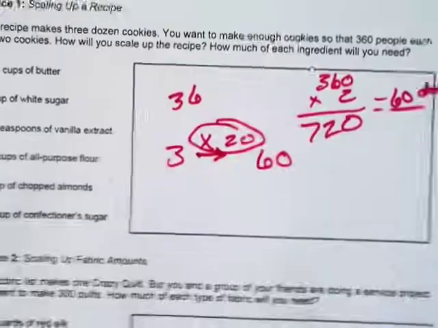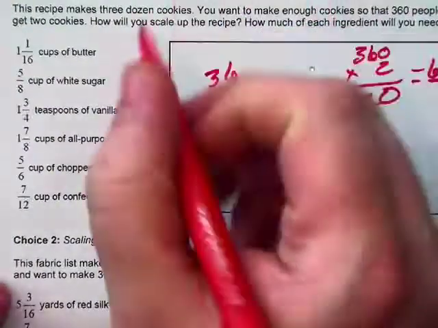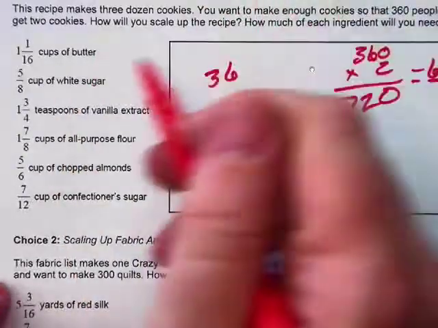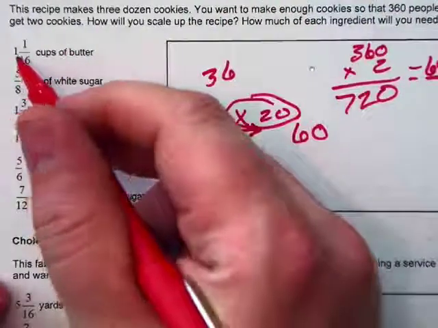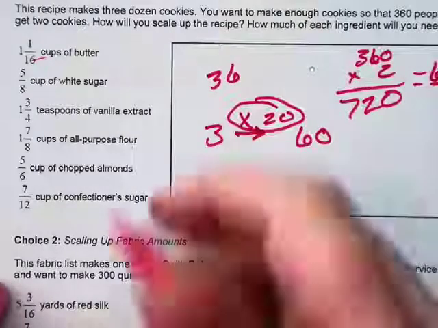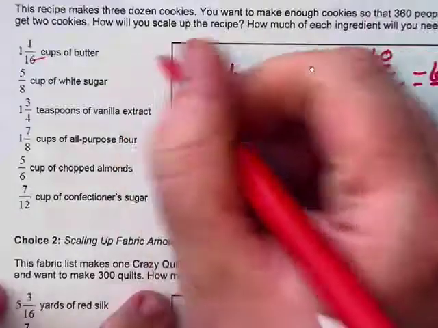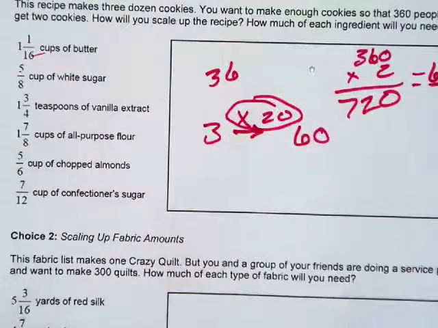Now what we have here is fractions. With the fractions, we need to figure out how many that is times 20. What I want to do is convert that into an improper fraction.